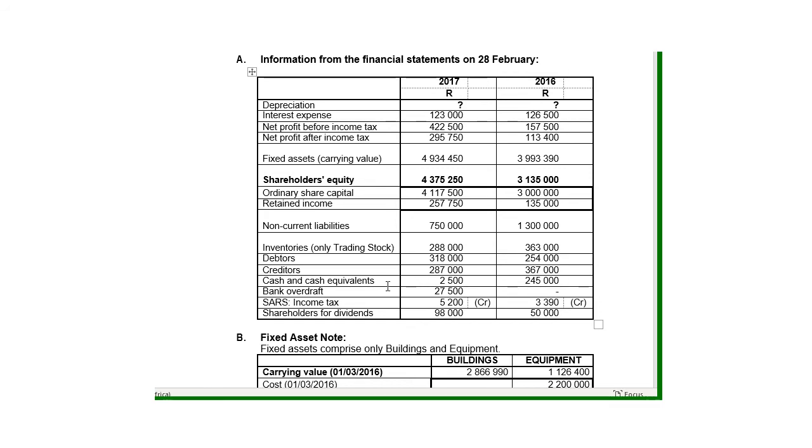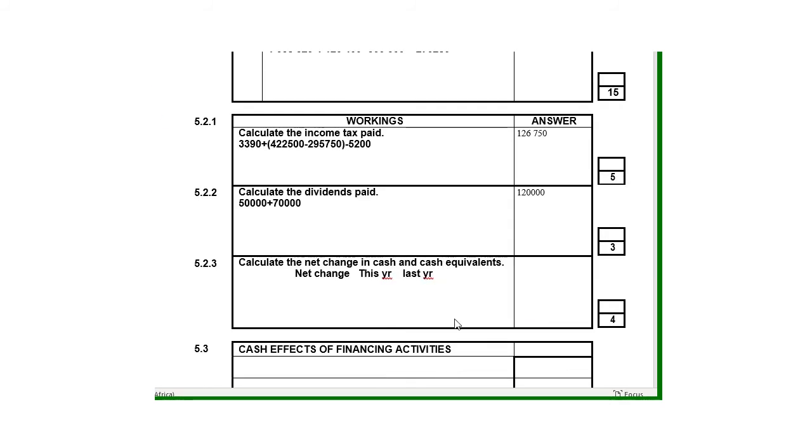So my total cash and cash equivalents for last year was 245,000, but this year I've got a negative figure of 27,500 and a positive figure of 2,500, which means my total cash and cash equivalents is a negative figure of 25,000.